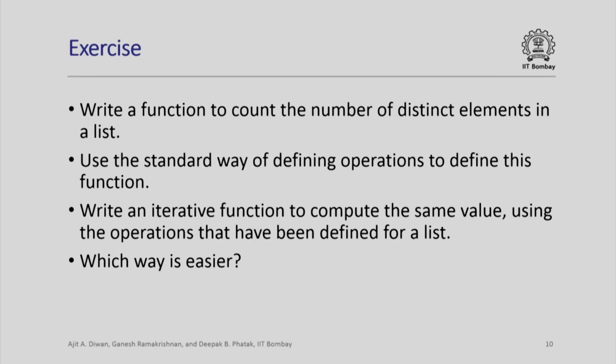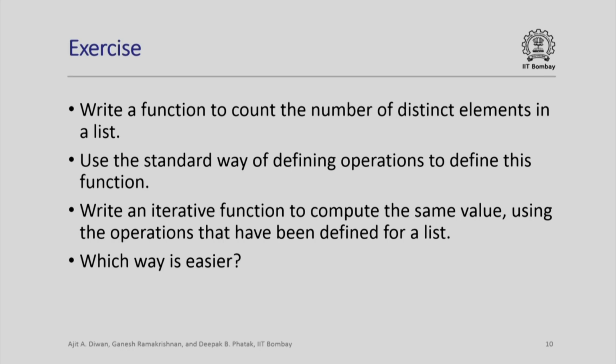So, as exercise you can try to write a function to count the number of distinct elements in a list. So, you can do this in two ways. One is by defining using the standard way of defining operations, define it for the empty list, assuming it's defined for list L, define it for a list obtained by pushing an element x in L. Otherwise, we can also write an iterative function which uses the already defined operations on lists, which allows you to access elements at different positions in the list, and we can write a function in a programming style which does the same thing.